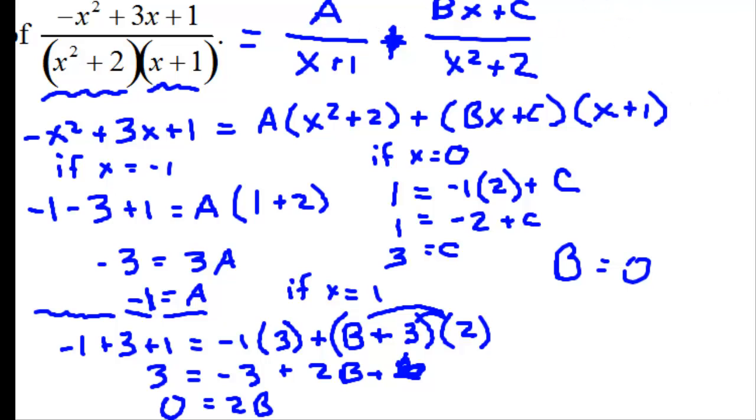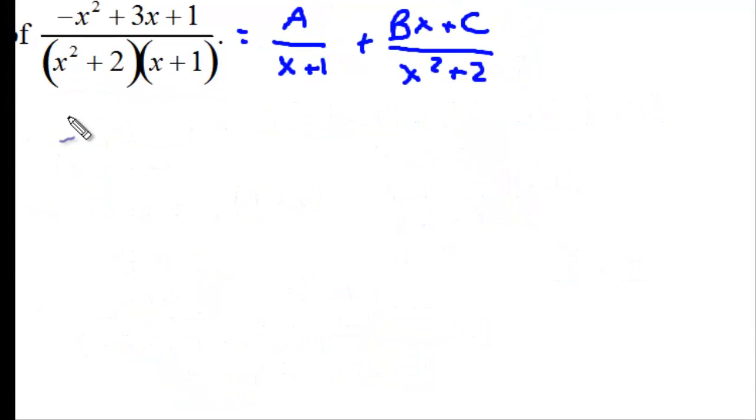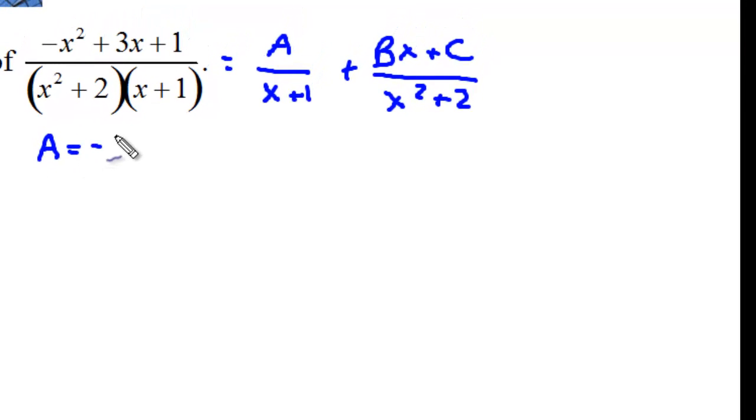So I'm going to clear all this out and write out the final answer. So we know that a is equal to negative 1, b is equal to 0, and c is equal to 3.